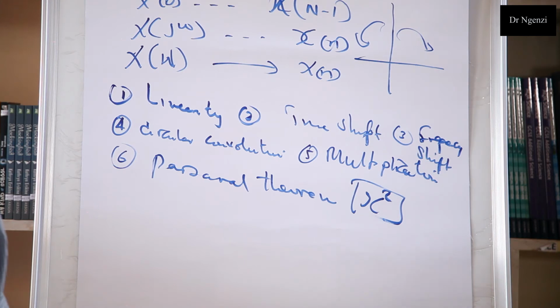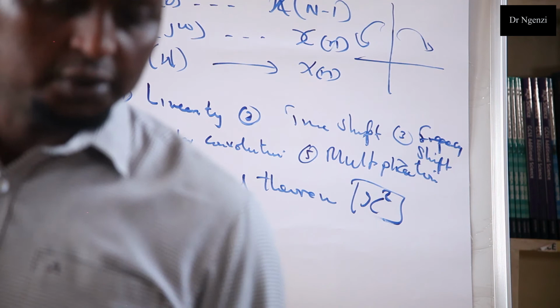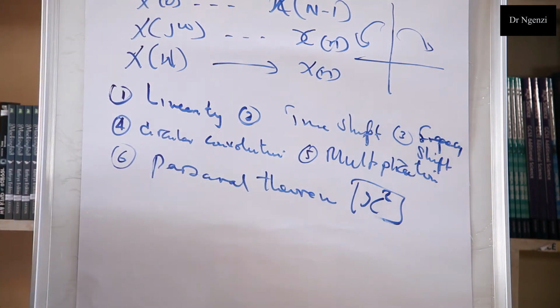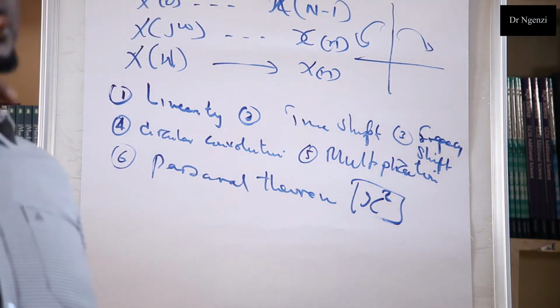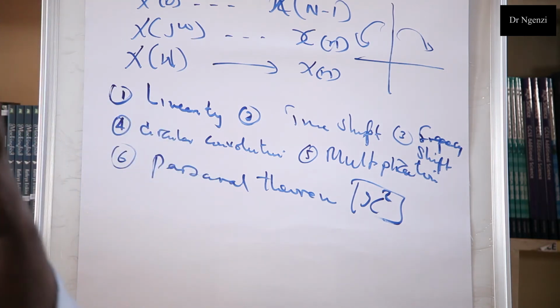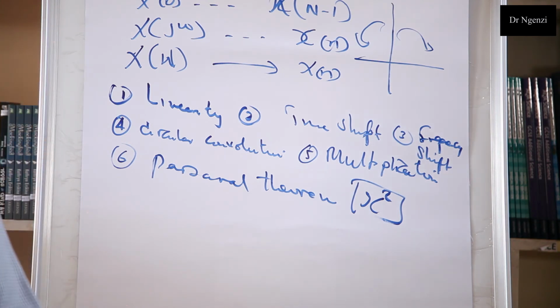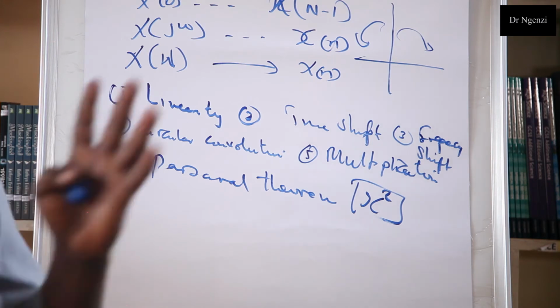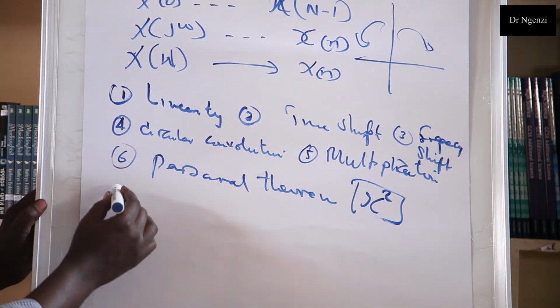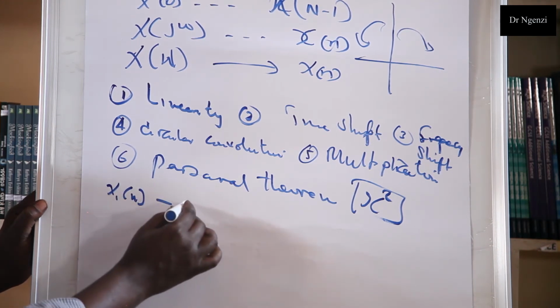So if I go one by one, remember we said if you have x1 of n, a signal, combining the signals in a linearity form, you expect to have, for example, y1 of n. So if you have x1 of n, you expect to have y1 of n. That is linearity.